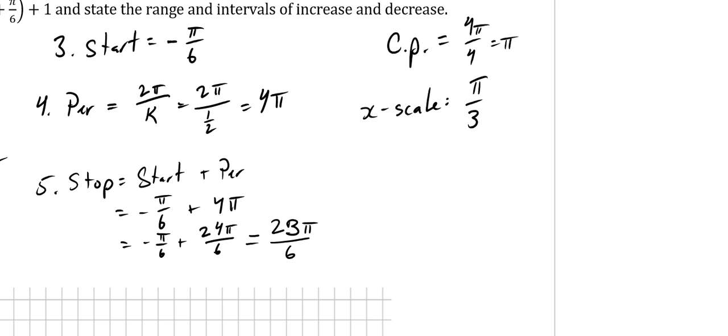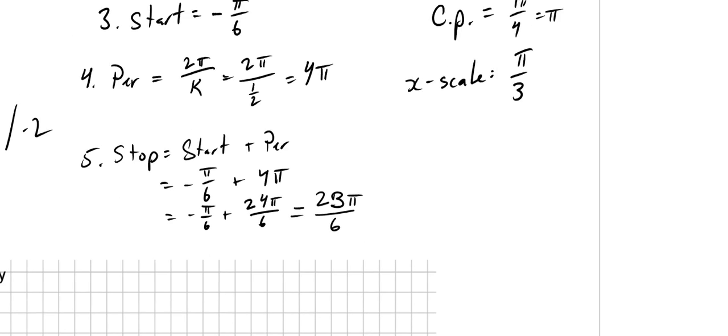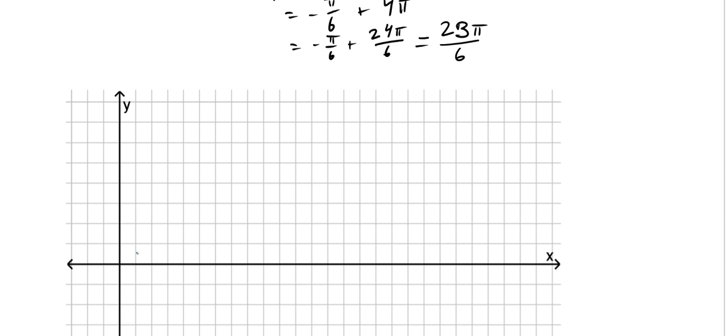The problem is in this case, when I divide this by 3, that doesn't match where it starts. If I chose pi by 3, it'd be 1 pi by 3, 2 pi by 3, 3 pi by 3, which is pi, but pi by 6 isn't on there. It's not a point on that scale. In that case, pi by 6 would be halfway between.